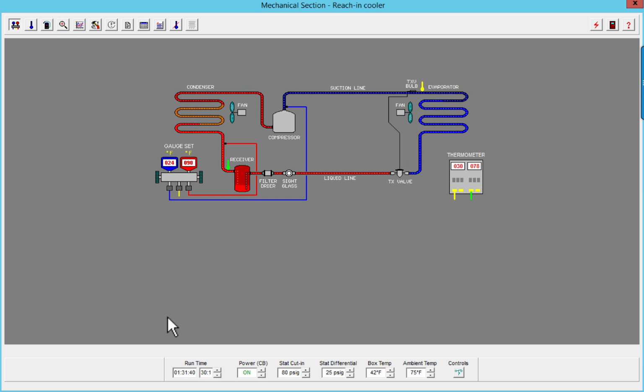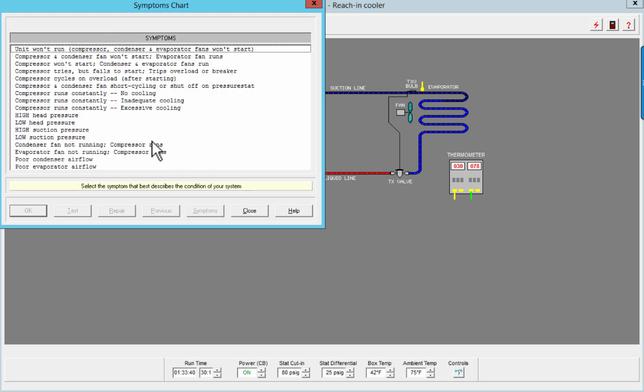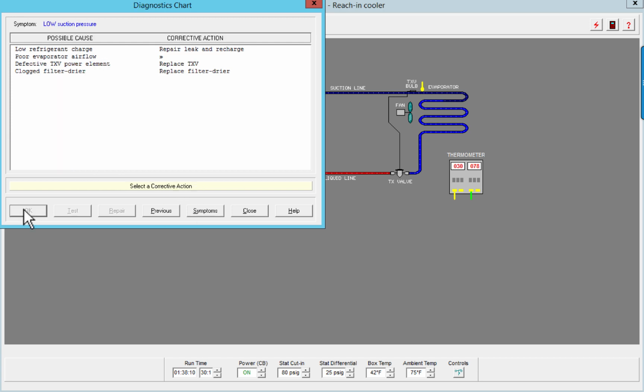So let's go and look at our repair options. So what are we going to do? We have an evaporator fan that's running. Okay, we have low suction pressure. So I'm going to say low suction pressure. I'm going to go with the poor evaporator airflow.